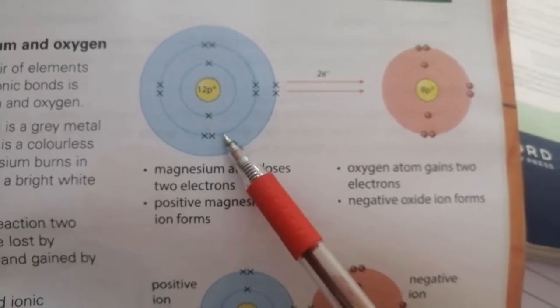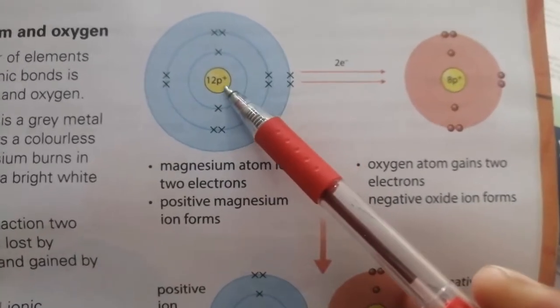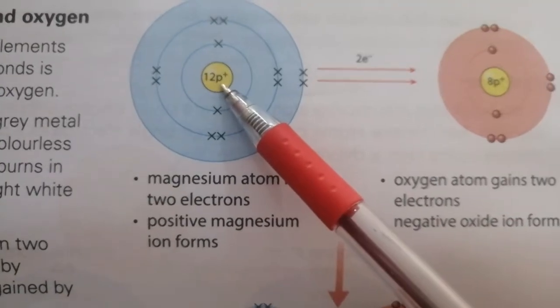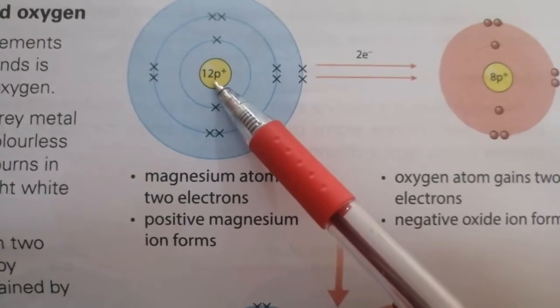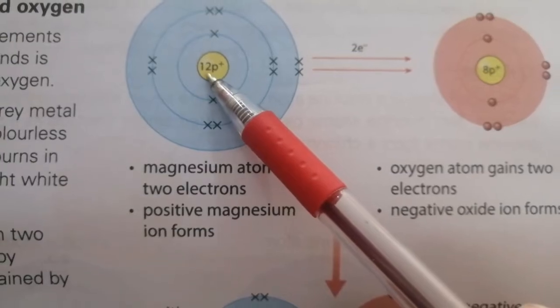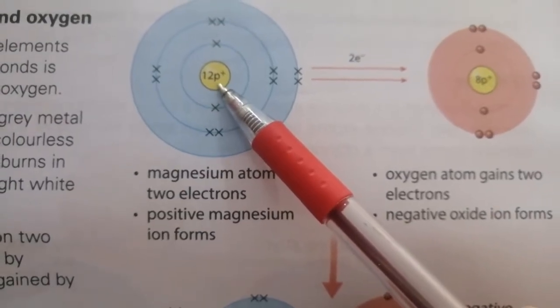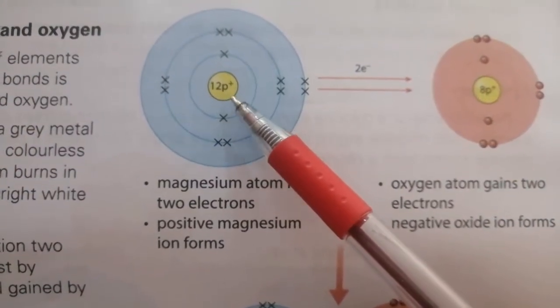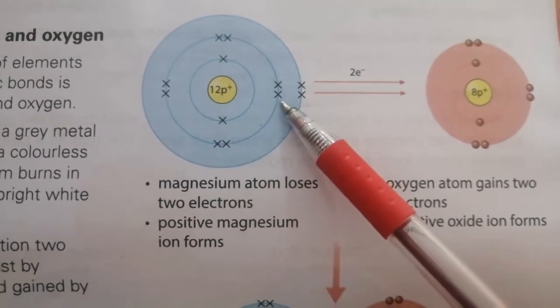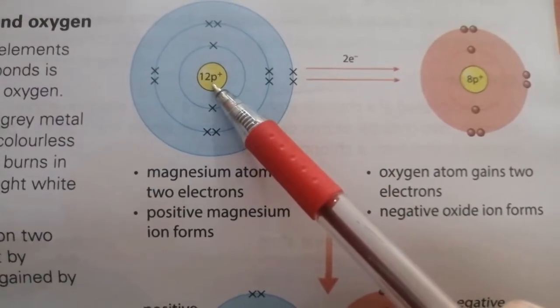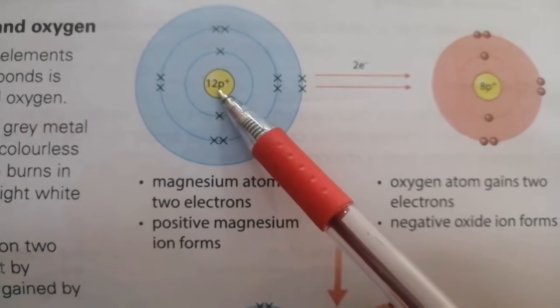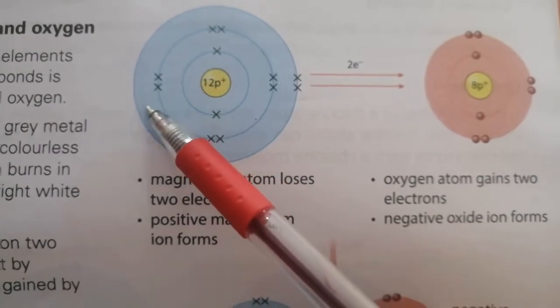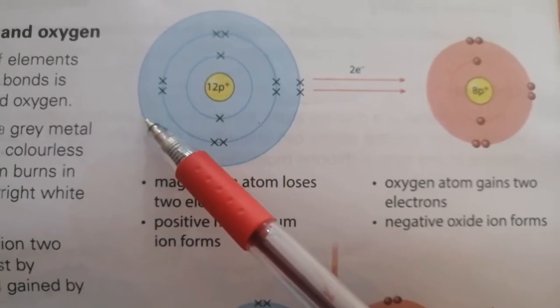In the atomic structure of magnesium, here you can see the nucleus with 12 protons, which represents that the number of protons and electrons will always be equal. That's why we will accommodate 12 electrons in different shells of the magnesium atom.